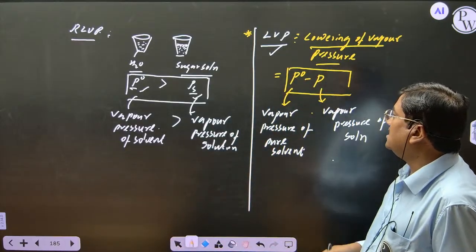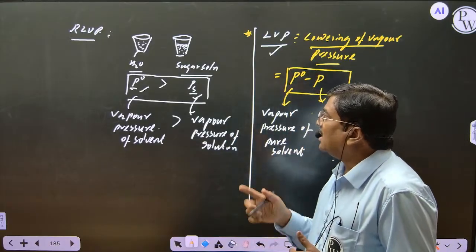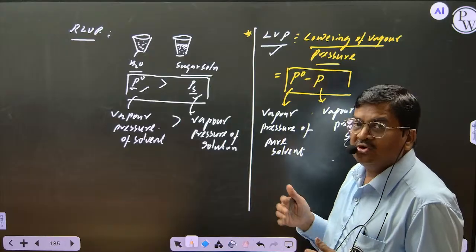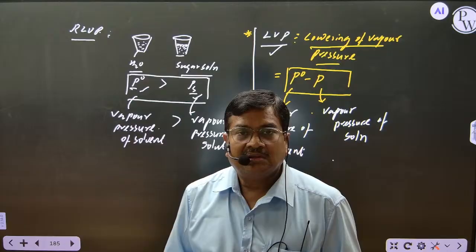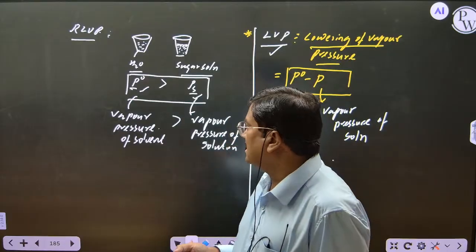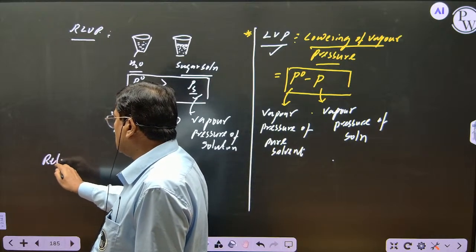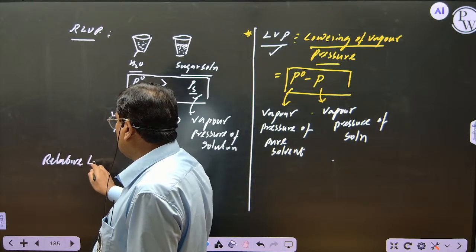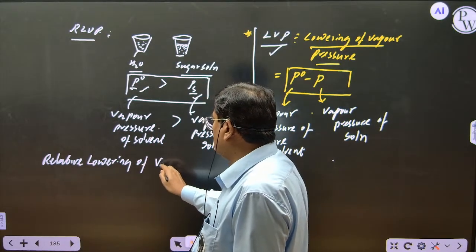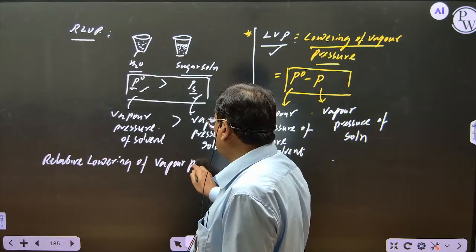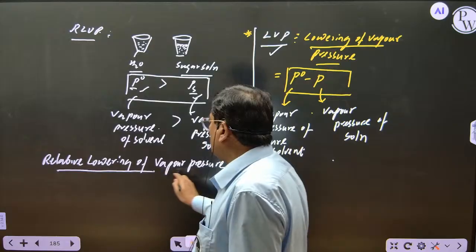This is important. Now coming to RLVP. Now see, what is RLVP? Relative lowering of vapor pressure. Relative means what? We are comparing with what? Pure solvent. Next slide, relative lowering of vapor pressure. Now observe here.